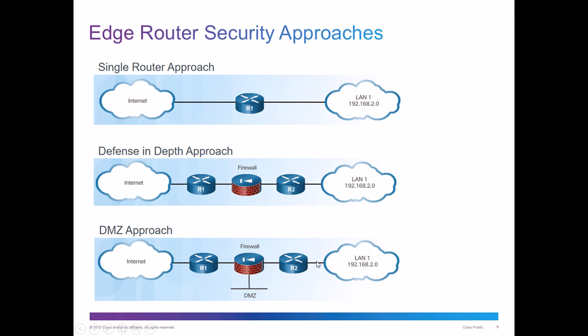You do not want them to go right into your LAN to do whatever they want to do, because if they get into your LAN, they may attack your private servers and such. So this is another approach where you have 2 routers, a firewall, and all the public servers would be placed in the demilitarized zone. So if anything happens, it happens outside your private LAN.